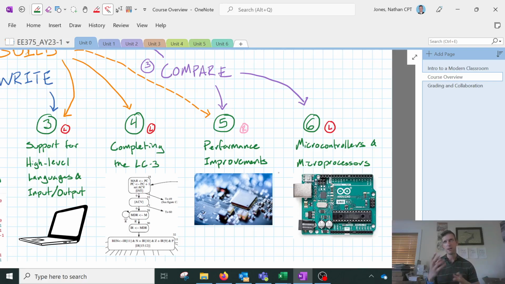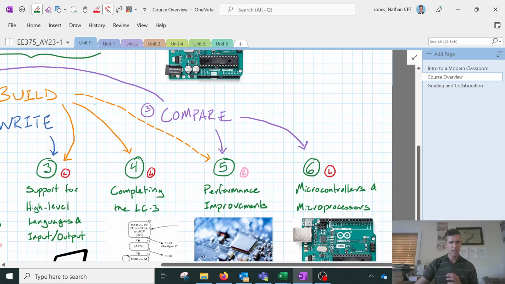To do that requires handling some very sticky situations, so we'll go into how to make sure that we can complete that design correctly. Additionally, we're going to talk about the idea of a cache and how we can again improve the performance of the LC3 by introducing a cache next to our memory device. These are two really big improvements that occurred in the history of computer architecture that you see in basically every modern processor to this day.